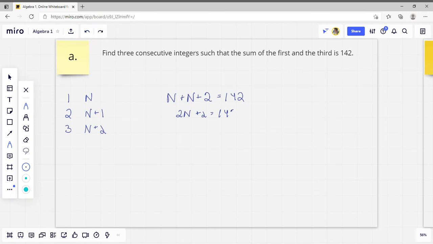Okay, and then we got to subtract 2. And we get 2n equals 140. And then just divide by 2. And n is going to be equal to 70.